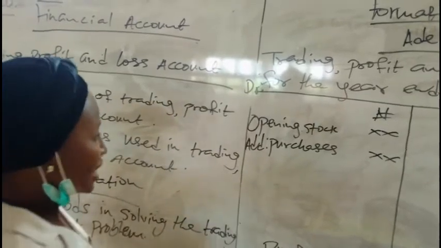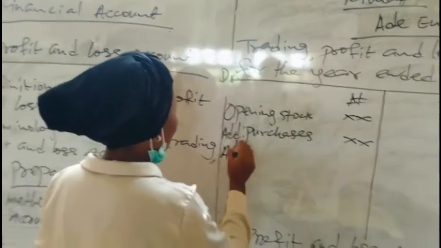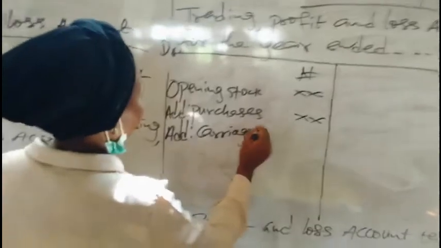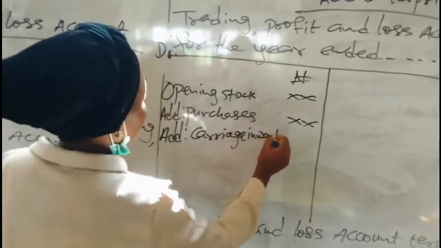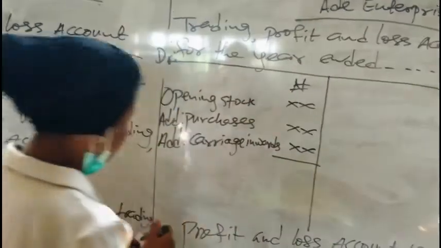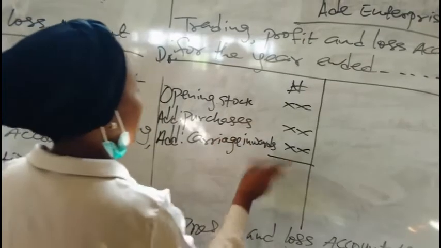Now we have our purchases here. We can also include, add carriage inward. You have your carriage inward here. Then after adding the carriage inward, you have opening stock plus your purchases plus your carriage inward.